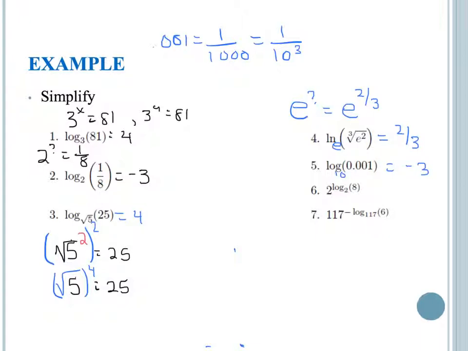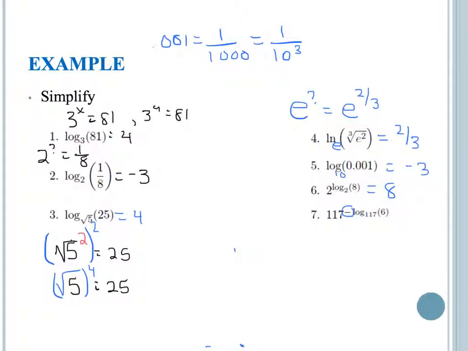Then for questions 6 and 7, they're using a property, I don't know if we went over it fully, but our base and the base of the exponent are the same, and so those are going to cancel each other out, and all we get is the number 8. In number 17, we have the negative here, and so that negative is going to impact my answer.